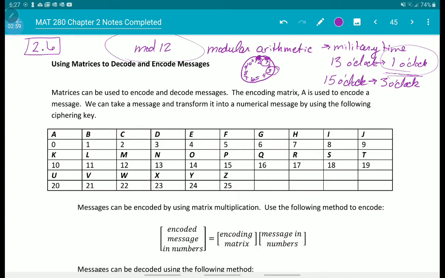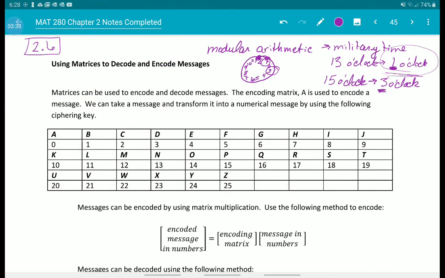If we were to take the number 13 and divide it by 12, well, 12 goes into 13 one time, and the remainder is 1. Whatever the remainder is, that's your answer here. Same thing with the 15. If we divide by 12, 12 goes into 15 one time, and the remainder is 3. So 15 o'clock would be the same thing as 3 o'clock.